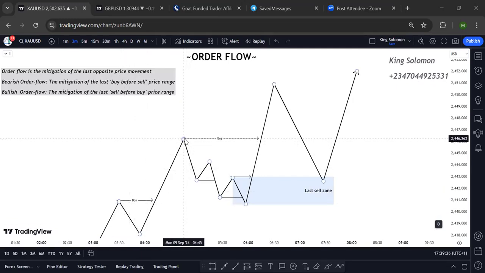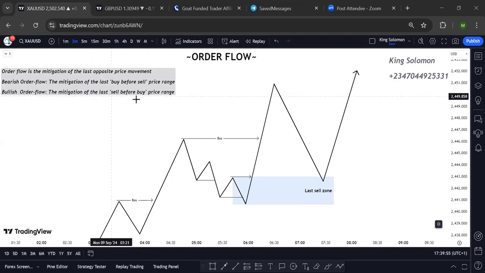Then upon retracement on the substructure, we can see that we had an internal substructural downtrend. Now, according to this, bullish order flow is said to be the mitigation of the last sell before buy price range.